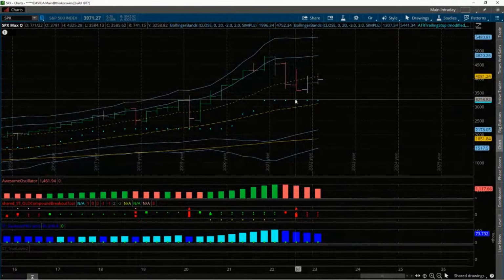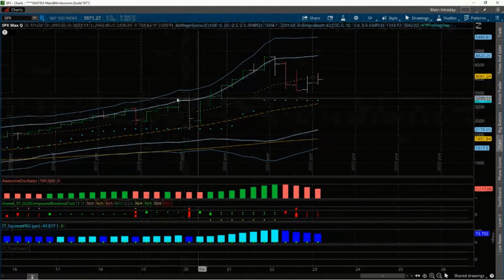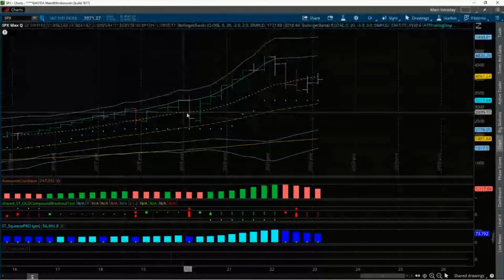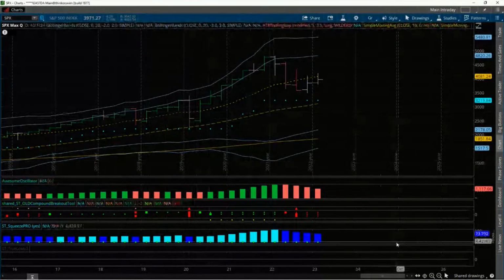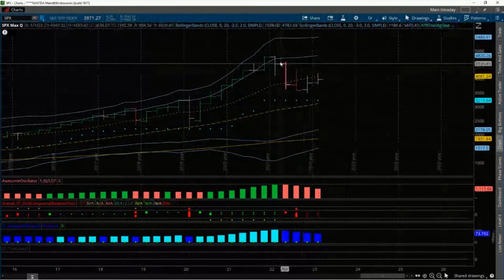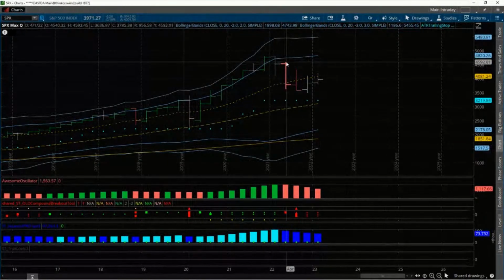That could be the clue on whether or not we're going to see a bigger follow through this year on a potential lower low, or if it's going to be more of a quote unquote non event like it was in 2018 into 2020.